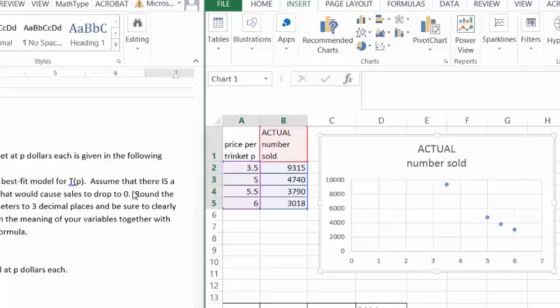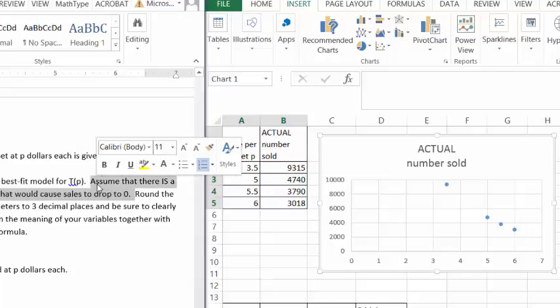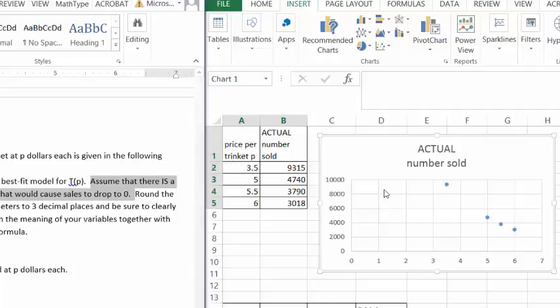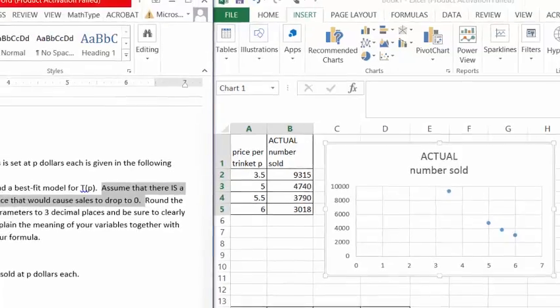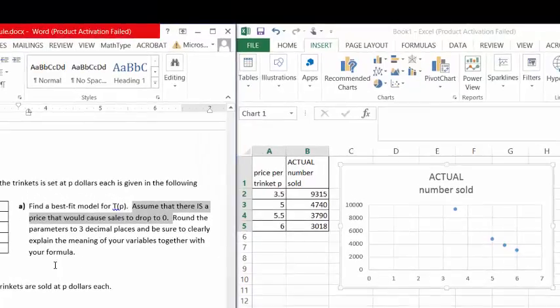The fact that they tell us in the problem to assume that there is a price that would cause sales to drop to zero means that we need to assume that our function will hit the x-axis. That means we need to choose a logarithmic function. Remember, an exponential function will never hit the x-axis, but a log function will hit the x-axis.